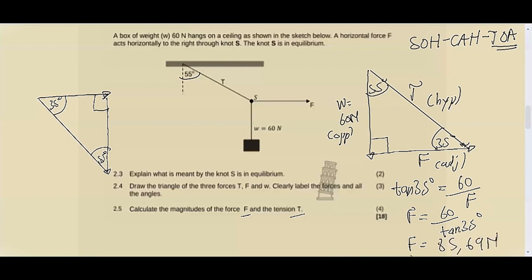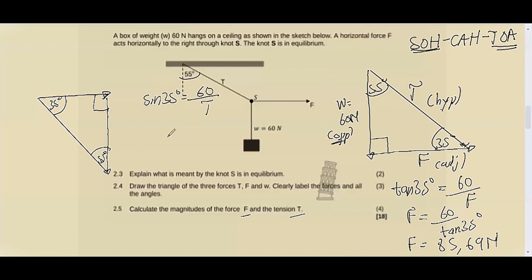85.69 newtons, right? Then to calculate T, you have the opposite side, but you are looking for the hypotenuse. Opposite and hypotenuse, that's sine. And then you have sine 35 is equal to your opposite, which again is 60, over your hypotenuse.